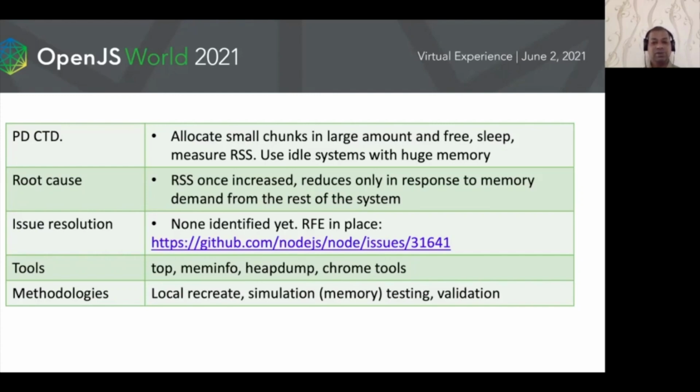Now, what's the resolution? We don't have a resolution identified yet. We have an RFE opened against a libuv component. Unfortunately, the challenge with the implementation of a resolution is that we don't have a consistent or well-defined API that would capture the actual accounted memory in a process.